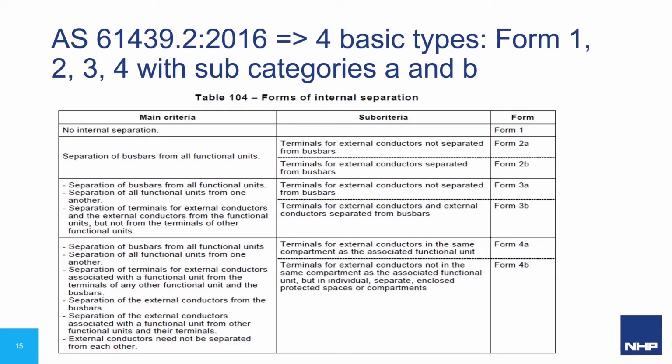In general, the main criteria explains how functional units, busbars, and terminals are separated from each other. By adding the letter A or B where applicable, we further define the required sub-criteria. The sub-criteria further defines how terminals for external conductors are separated, which is likely of greater concern to the contractor installing cables and the end user for maintenance.